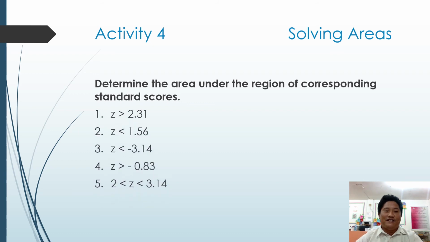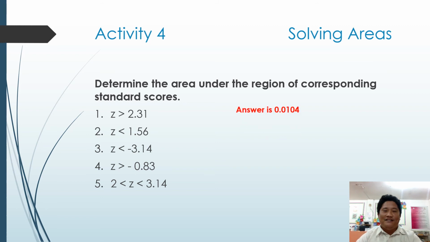The first item, z greater than 2.31; the second item, z less than 1.56; number 3, z is less than 3.14; fourth, z is greater than 0.83; and fifth, z is greater than 2 but less than 3.14. That's your time to solve for the areas. While solving, I'll show you the answers so you can check later if your answers are correct.